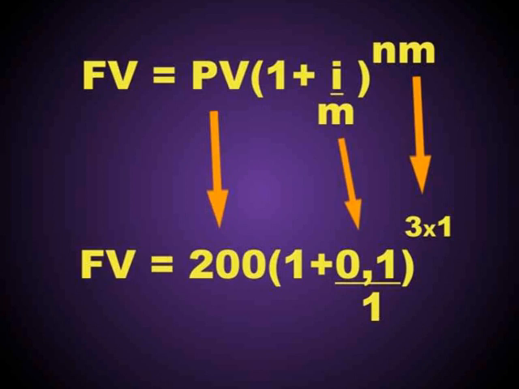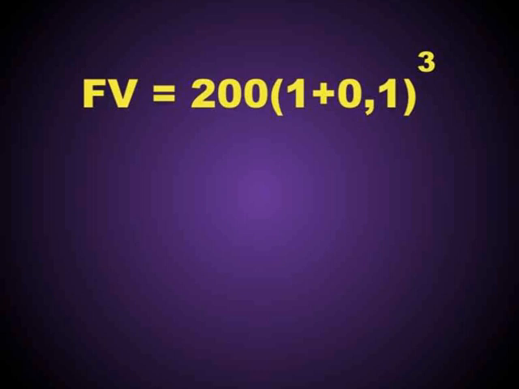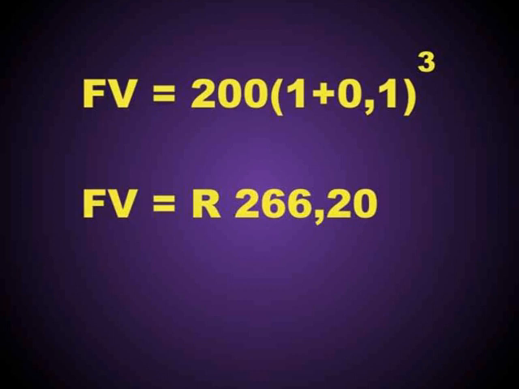In this case, it's 3 years times by m, which is again the number of compounds per year, which is 1. So we are left with 200, open bracket, 1 plus 0.1 to the power 3. And that will give you an answer of 266 Rand 20 cents.